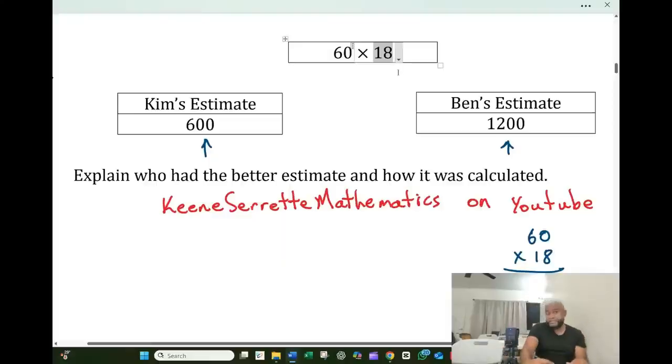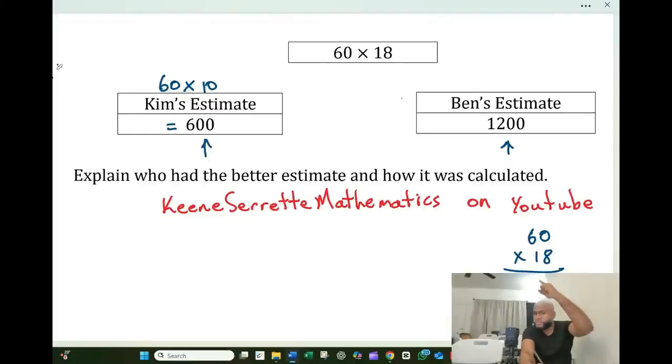So I'm guessing Kim did 60 multiplied by 10 to get the 600. And what do you think Ben did? I think Ben went up to 20. So Ben did 60 multiplied by 20 to get 1200. We good there, girls?